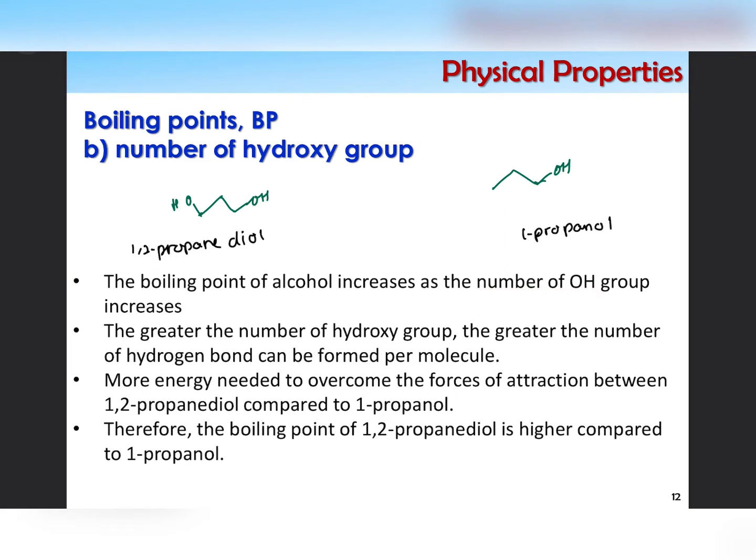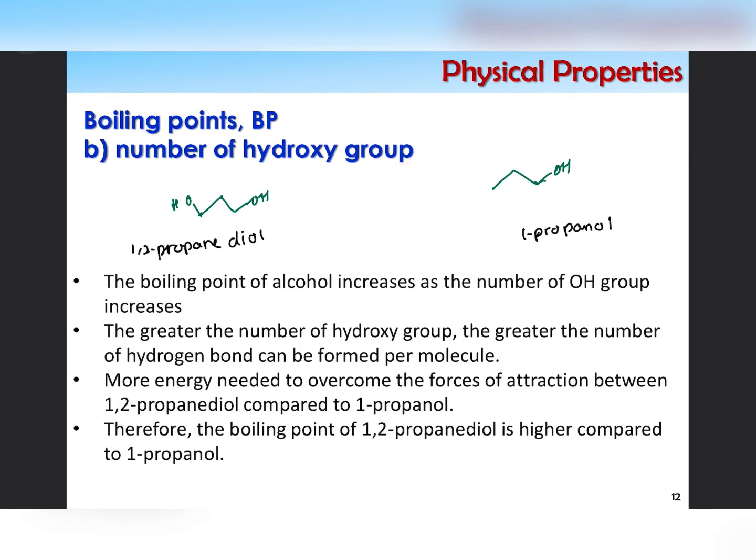Why? Because the greater number of hydroxy group, dia akan have the ability to form more number of hydrogen bond between the molecules. That is why bila hydrogen bond, remember that the strength of hydrogen bond saja dah cukup kuat.